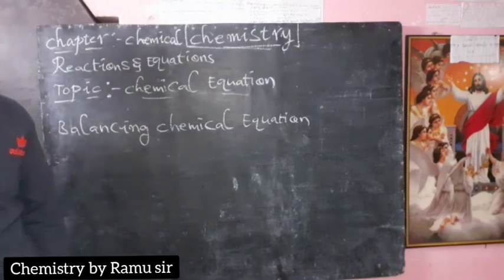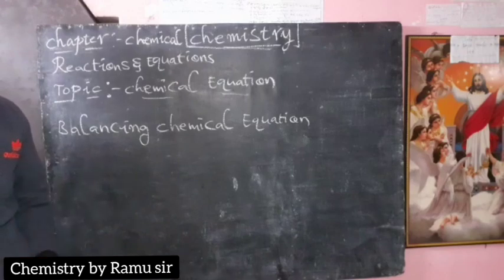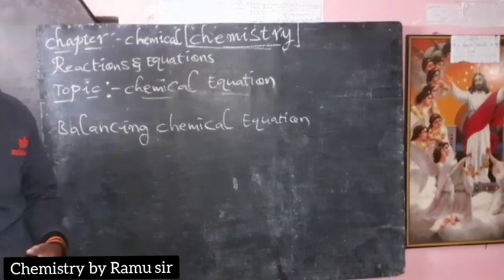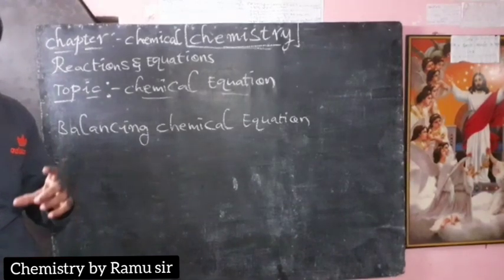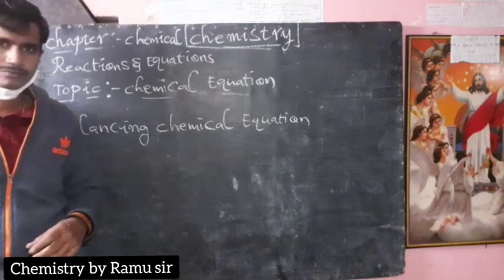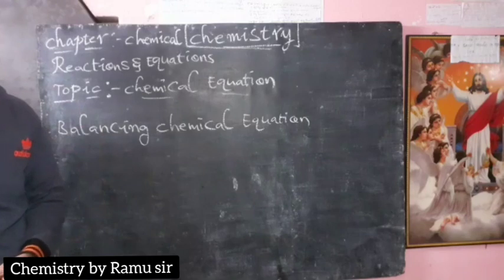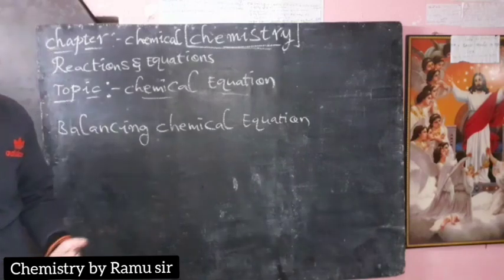We can do many activities in our lab by using different chemicals. In the first activity we already discussed aqueous sodium sulfate. When aqueous sodium sulfate is mixed with barium chloride, a white precipitate is formed, that is called barium sulfate, and the byproduct is sodium chloride.